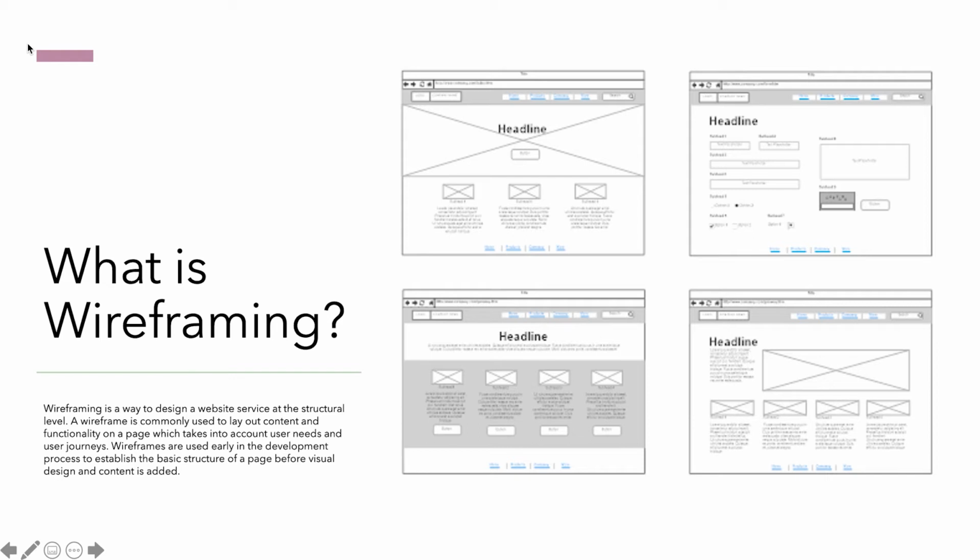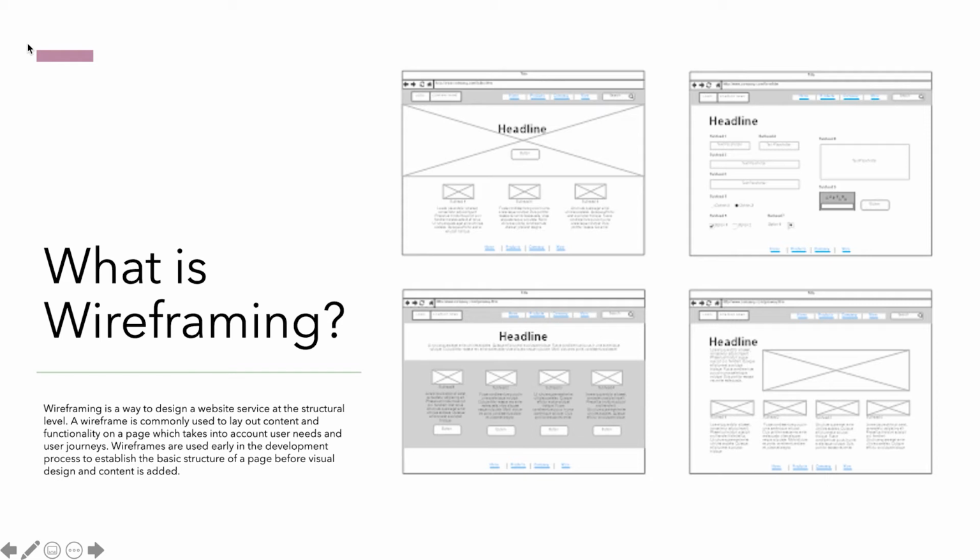It's basically a way to put together a website at the structural level. In other words, you're just boiling this down. You don't have any sort of visual content. You're just saying, here's where the hero is, here's where the headlines are, here's where this content is, here is where the menu is.